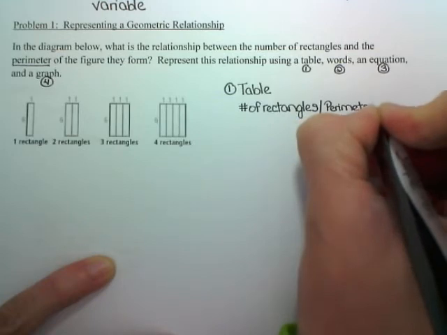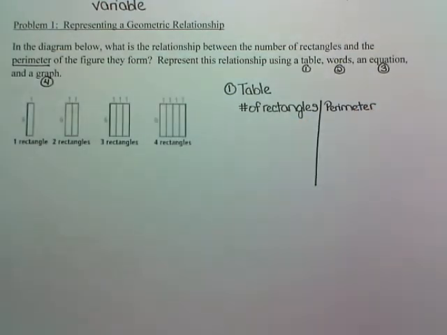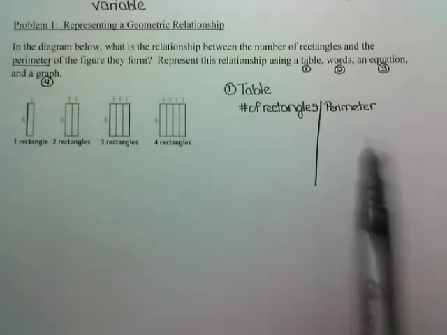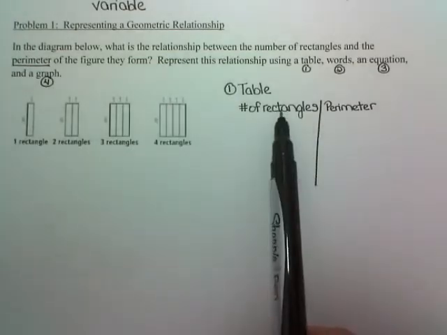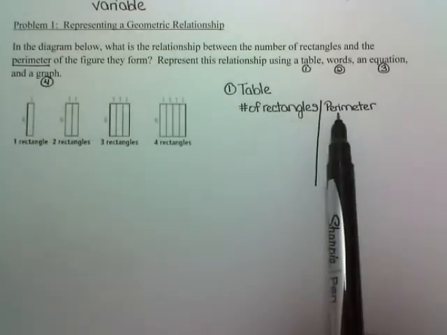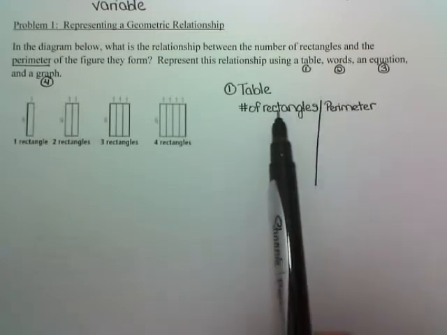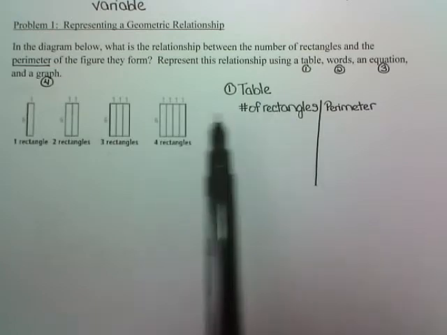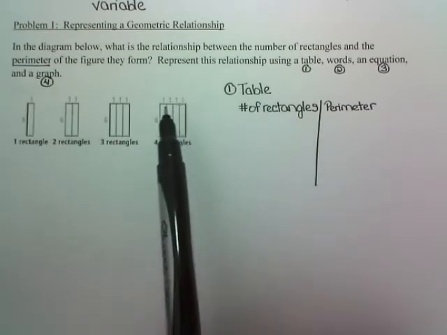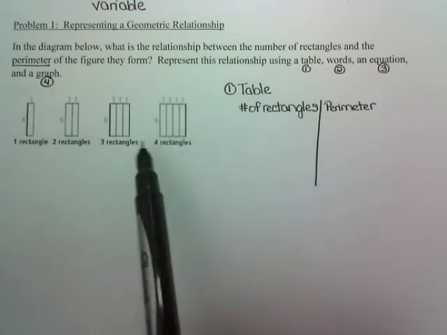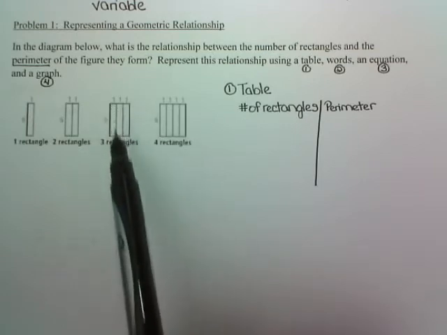Well, let's think for a minute, what is going to be the dependent and what's going to be the independent variable? Think about this. Do the number of rectangles depend on the perimeter, or does the perimeter depend on the number of rectangles? In this case, the perimeter is going to depend on how many rectangles you have in the picture.